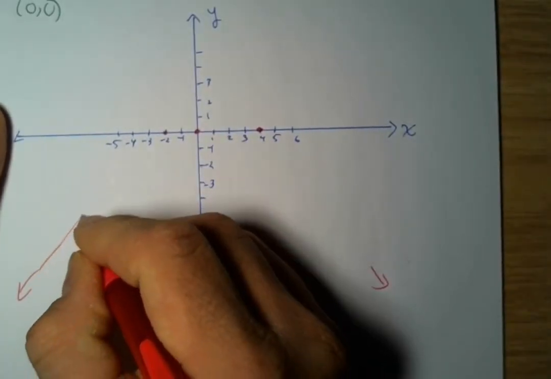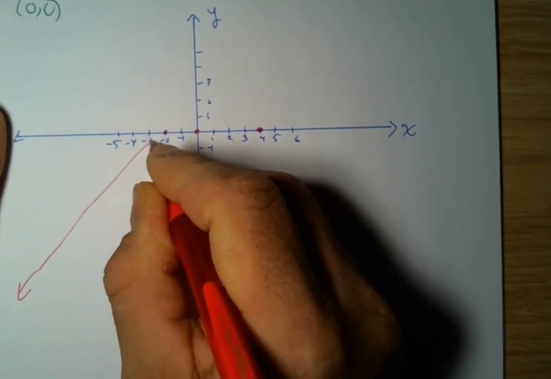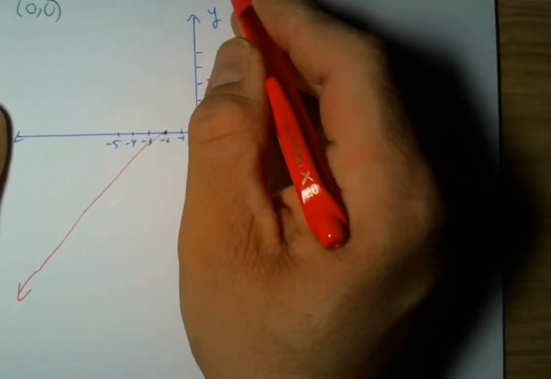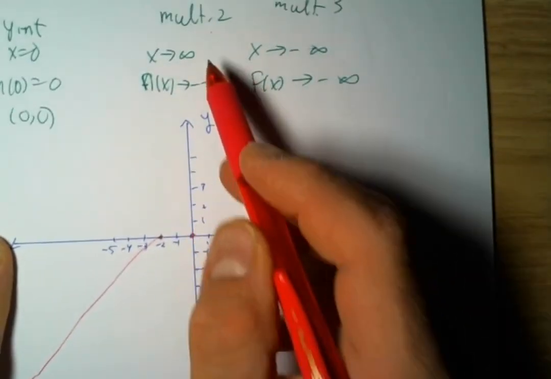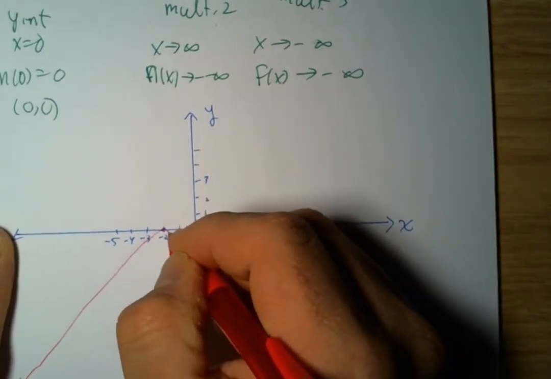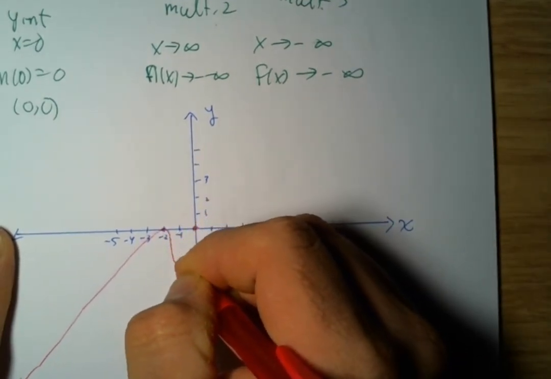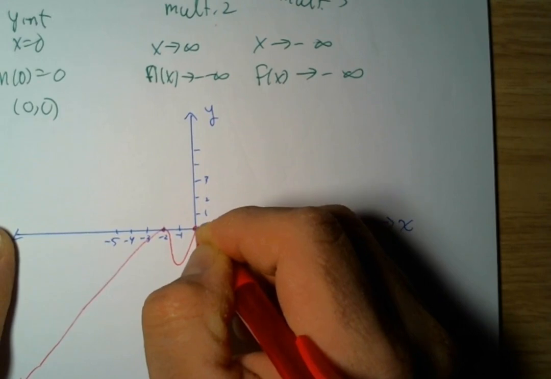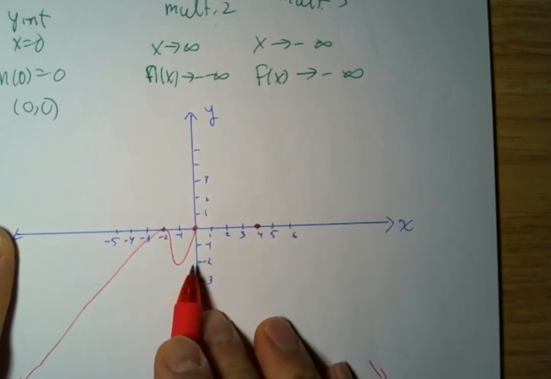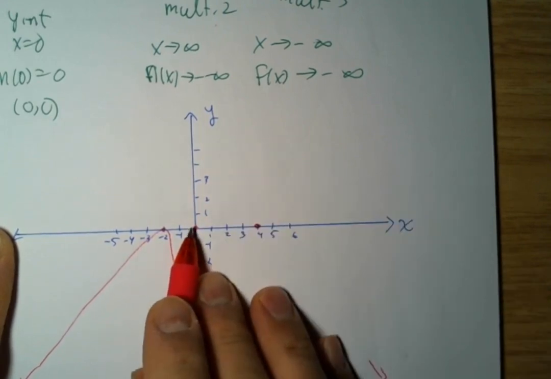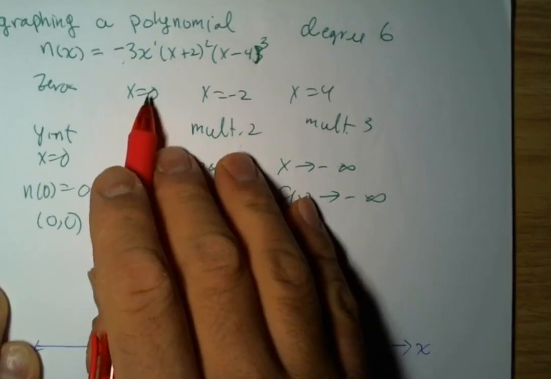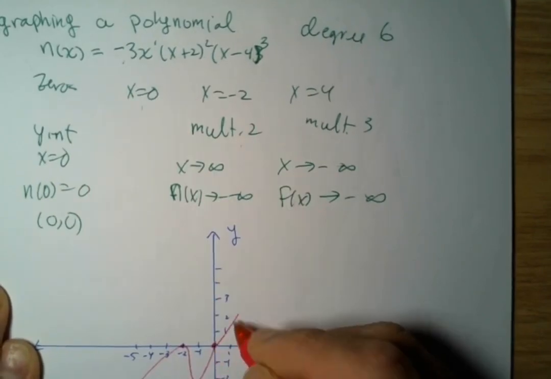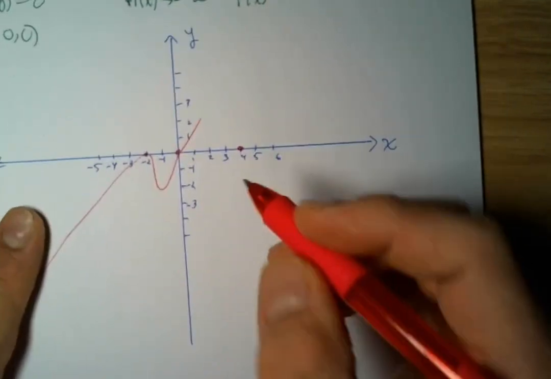So coming up from negative infinity, zero at negative 2, multiplicity of 2. What does that mean? That means that it touches it and comes back down. Then I know that eventually, before it hits back to 0, it must cross the x-axis again. That one is multiplicity 1, so it just goes right through, almost like a line.